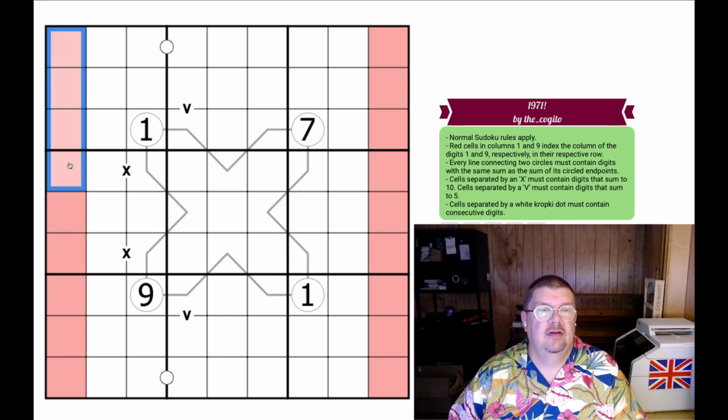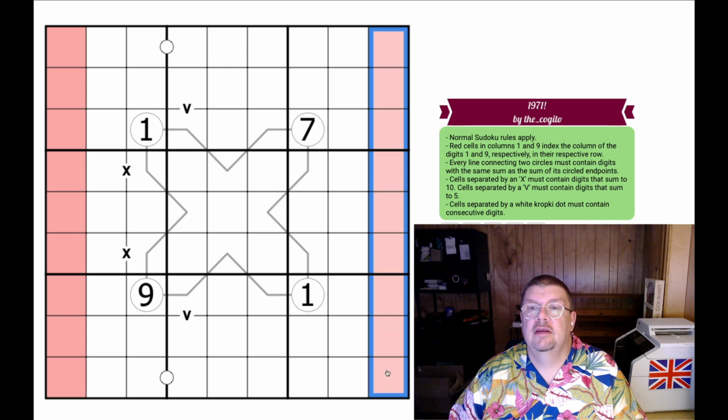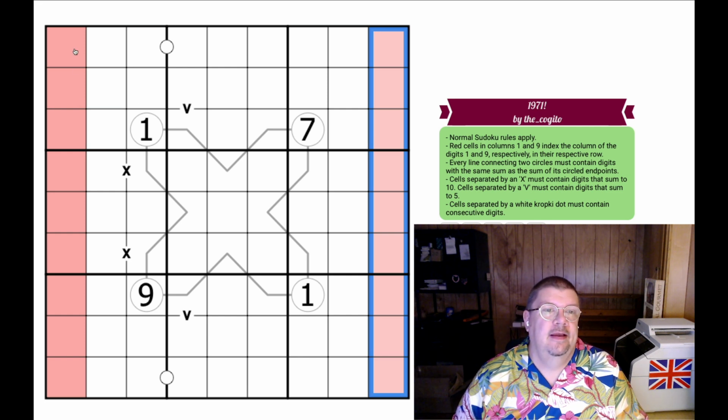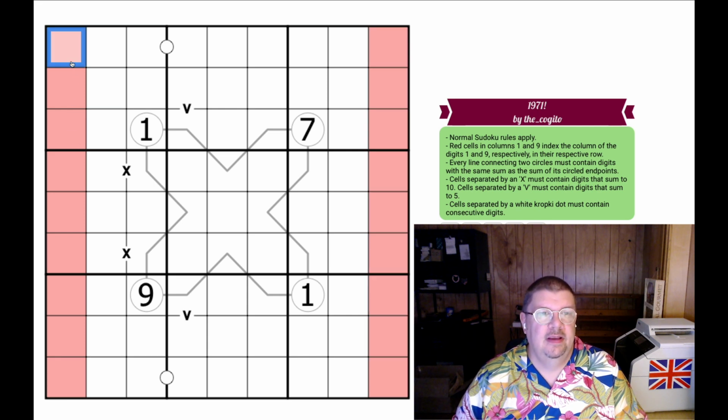Red cells in columns 1 and column 9 index the column of the digits 1 and 9 respectively in their respective row. So what that means is the digit that I place in this column will tell me the column that the 1 is found in that row.